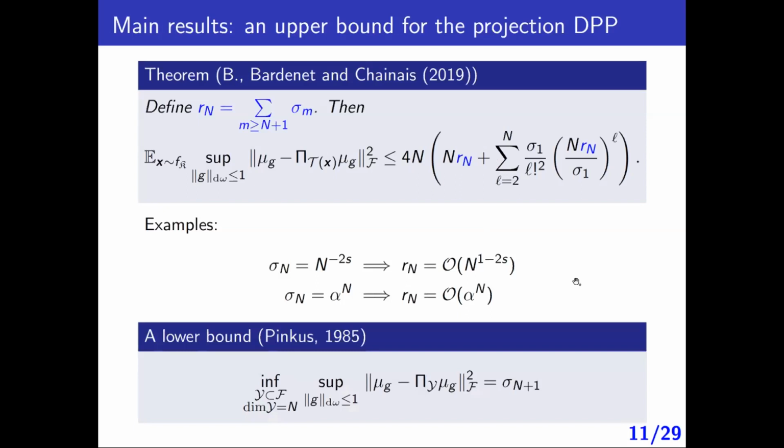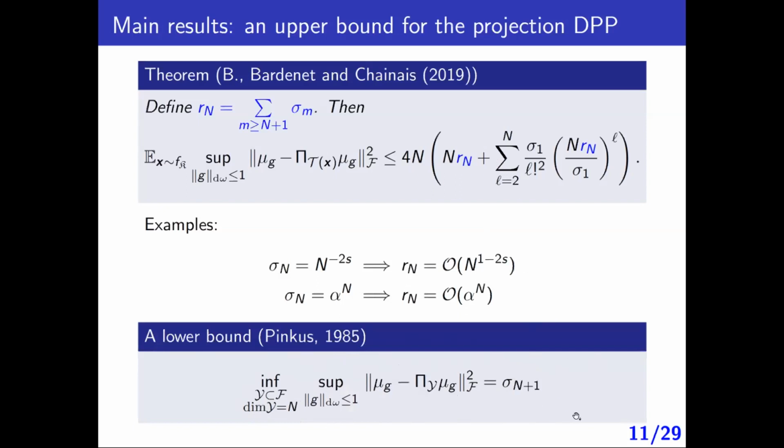So the lower bound that we compare with has the following form: if we consider every subspace in the R-caches of dimension n, and we consider the worst interpolation error, it couldn't be below sigma n plus 1. So we need to compare ourselves to this lower bound, that is sigma n plus 1, and we can see that we are not optimal, but close to the optimality.